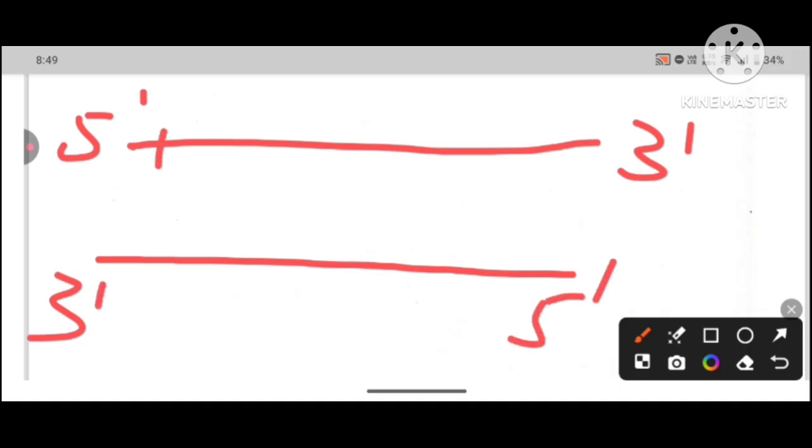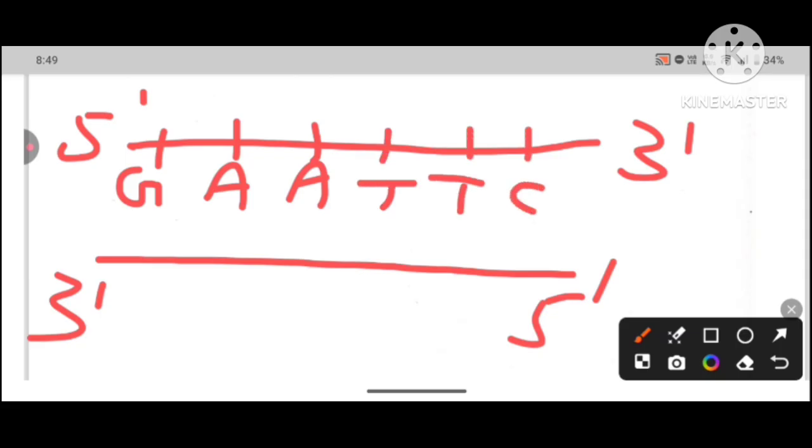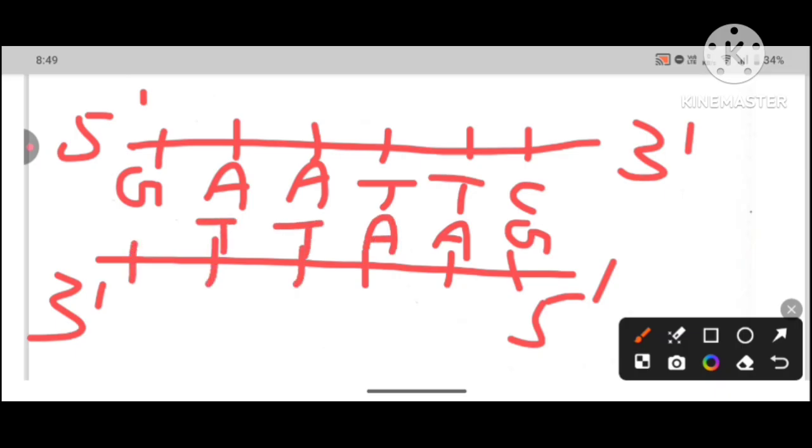Let's take the 6 base pairs: guanine, adenine, adenine, thymine, thymine, and cytosine. The cytosine pairs with guanine, adenine, adenine, thymine, thymine, and cytosine. So these are the palindromic sequences.